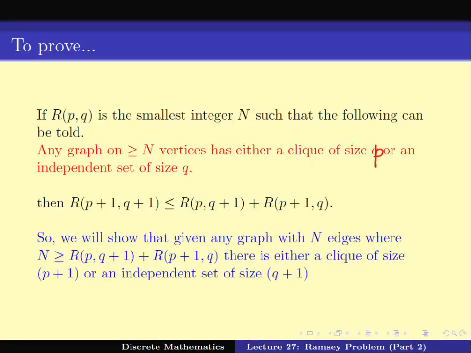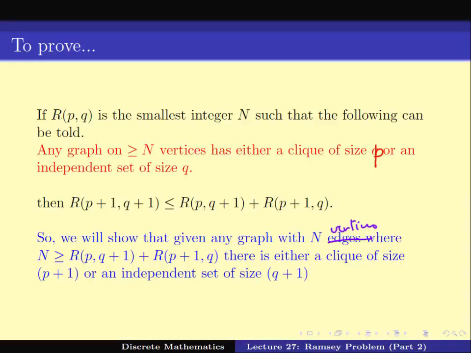So what we will show is that, given any graph on n vertices, where n is bigger than R(p,q+1) plus R(p+1,q), then there is either a clique of size p plus 1 or an independent set of size q plus 1.